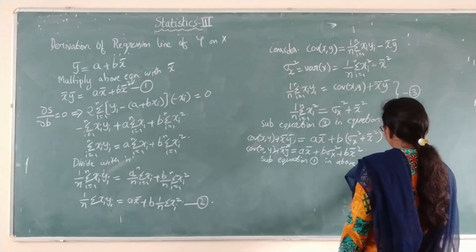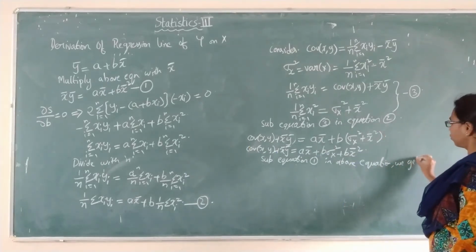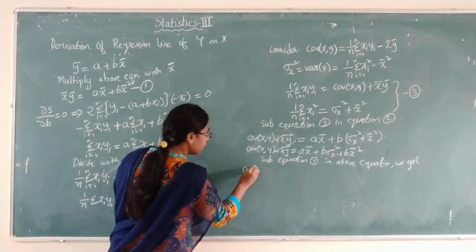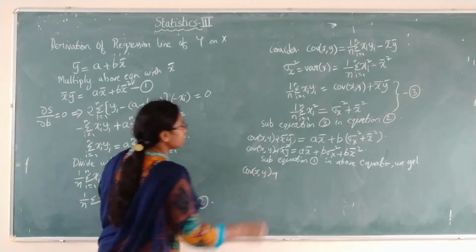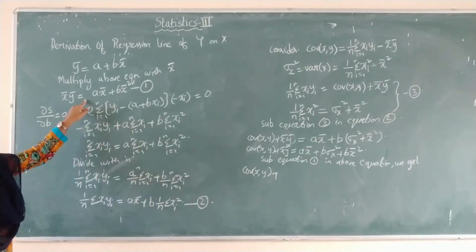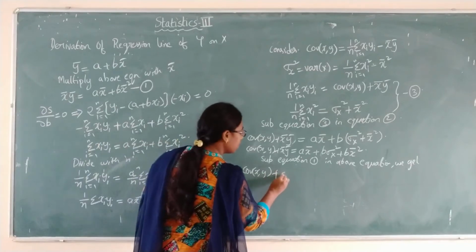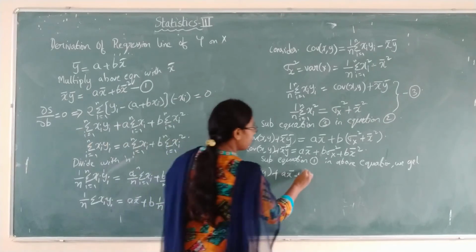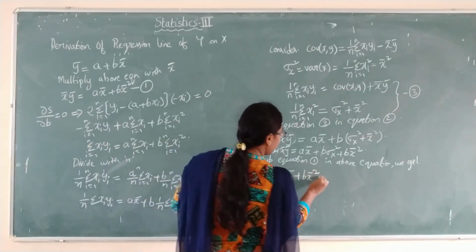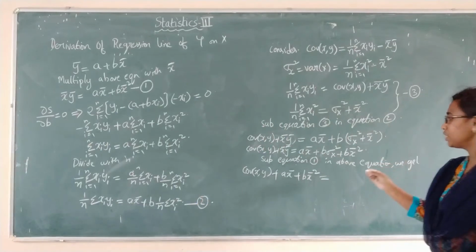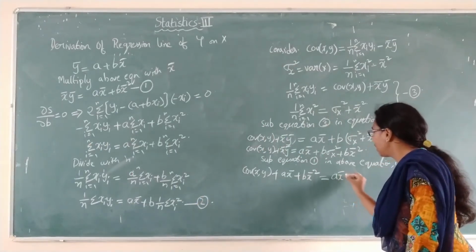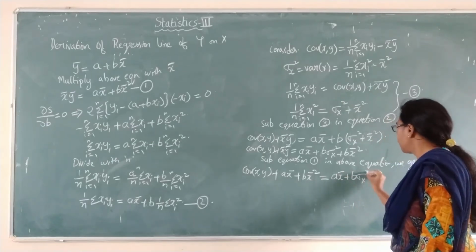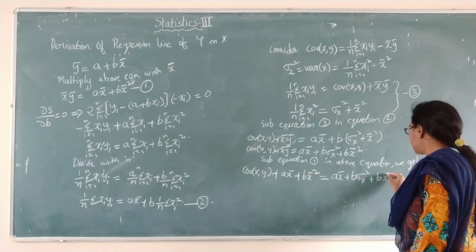By substituting we get the covariance term as it is, covariance of x comma y plus x bar y bar value, which is a x bar plus b x bar square, equals, write the RHS values, a into x bar plus b into sigma x square plus b into x bar square.